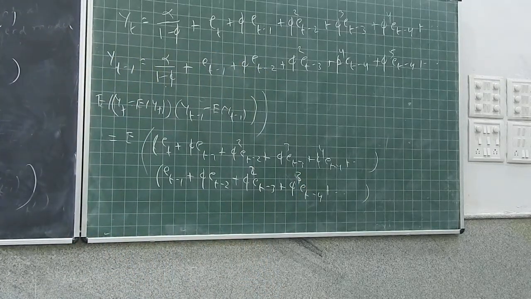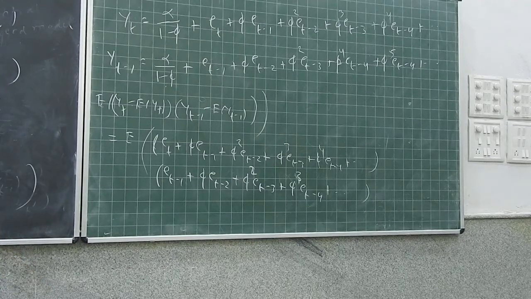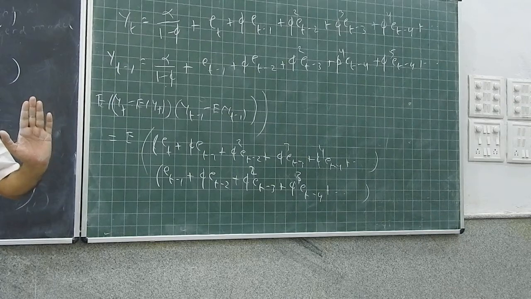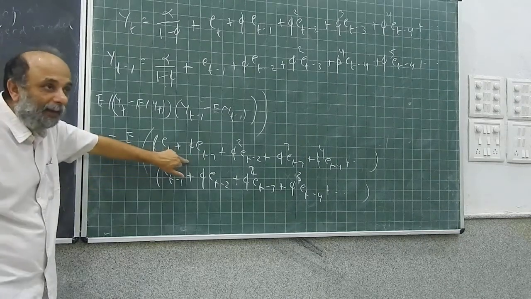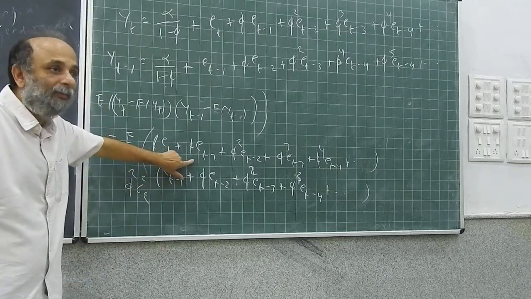Now if I multiply these terms, what will I get? So e_{t-1}, e_t, phi e_{t-2}, phi square e_{t-3} and all that, all those terms will be 0. Right? If I do with phi e_{t-1}, what will I get? Phi square e_{t-2} square, that's the only term which will remain. If I multiply with phi e_{t-2}, the only term which will remain is phi square sigma square.